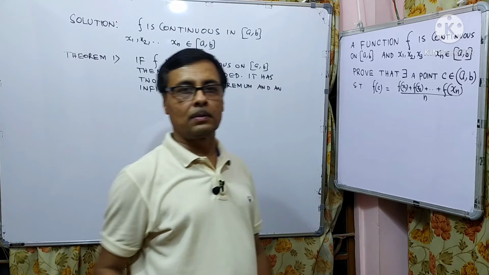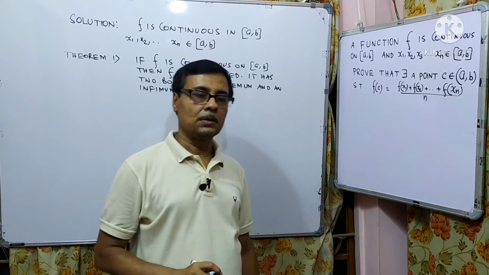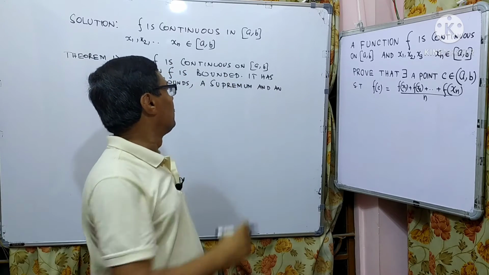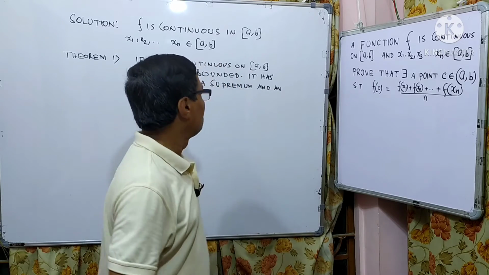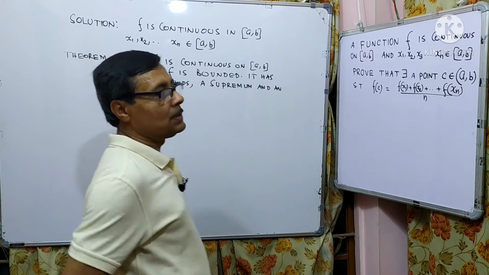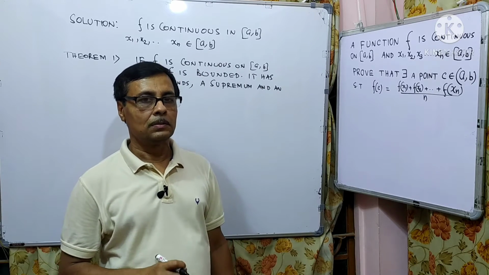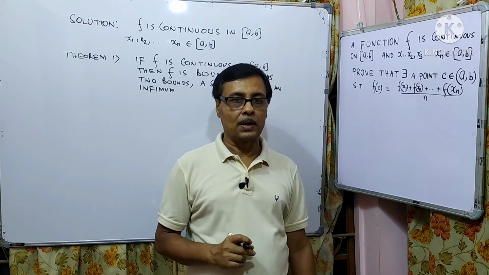Supremum means the least upper bound, the least among the upper bounds of this function, and infimum is the greatest lower bound, the greatest among the lower bounds of this function.